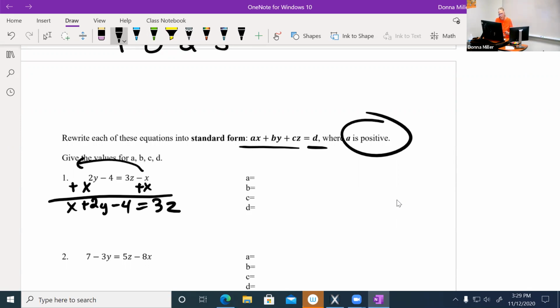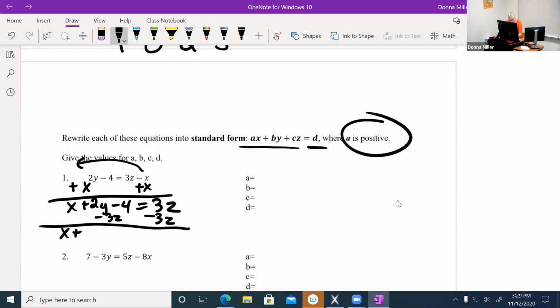If I look at this, I want to move the 3Z over. So I'm going to subtract 3Z on both sides, and I end up with X plus 2Y minus 3Z minus 4 equals 0. And I want to get the 4 over on the right-hand side, so I'm going to add 4.